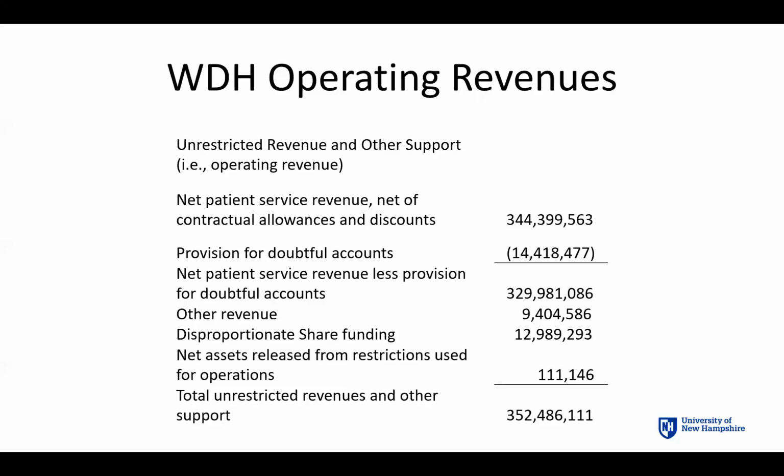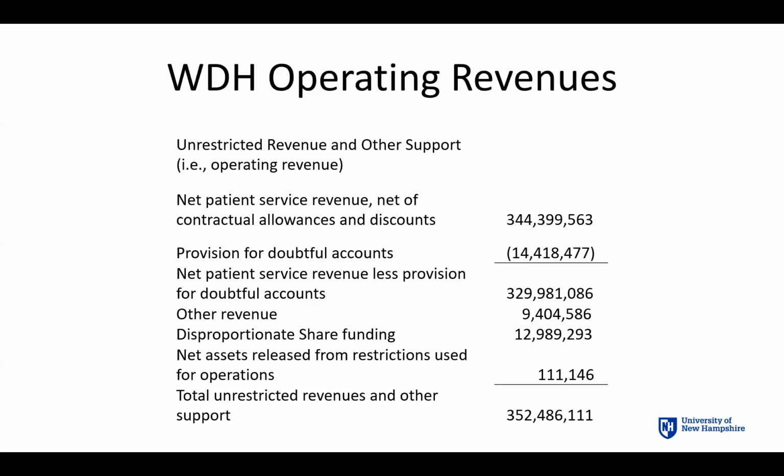And then we had contractual allowances of 440 million or something like that. And then we had charitable care of 20 million, which we subtract, and that gets us down to our net patient service revenue, net of contractual allowances and discounts. And they just put that in the footnotes. So it is there in a real income statement, but it's kind of hidden from view, okay?